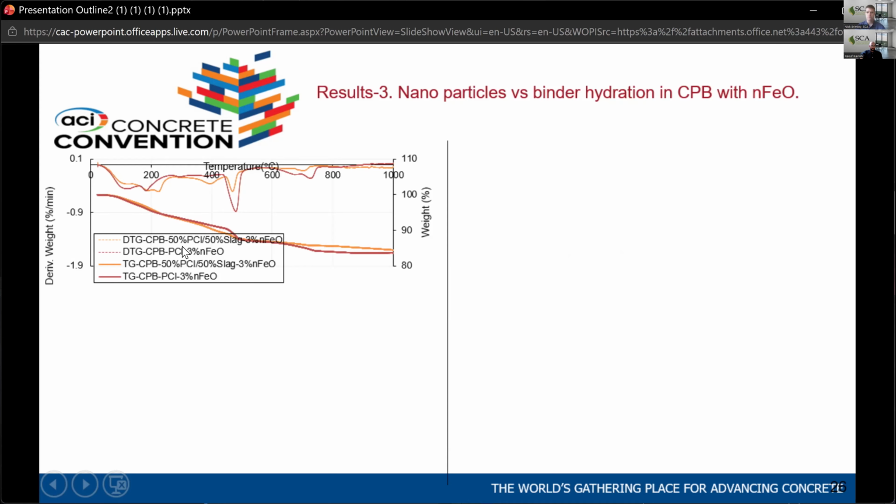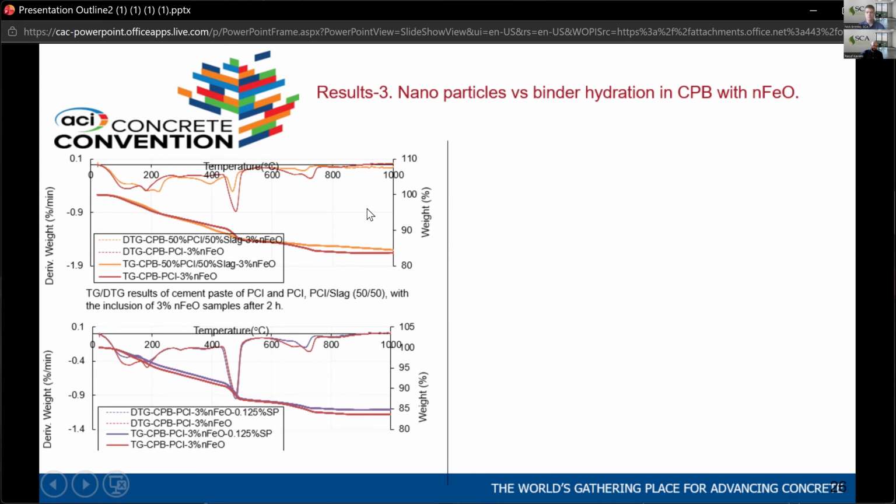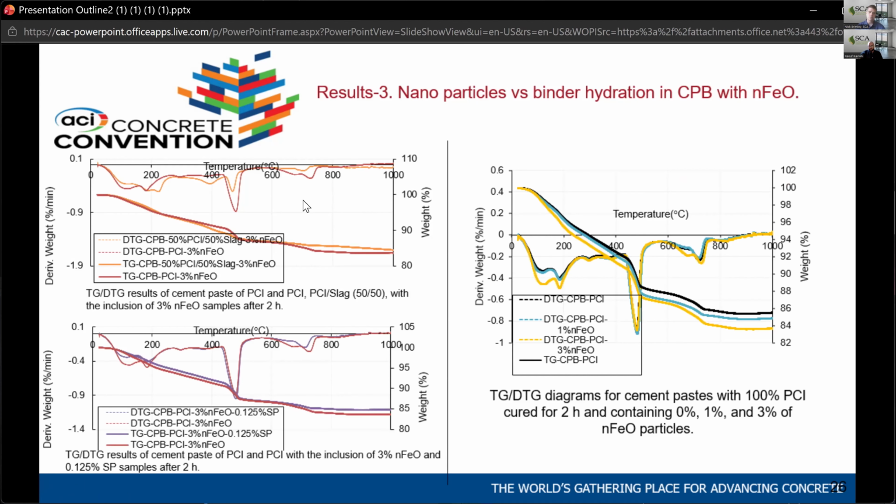And then this is the interesting part. These are the TG results for when you add nanoparticles and slag. So with 50% cement and 50% slag, 3% nanoparticles, and without the slag with 3%.